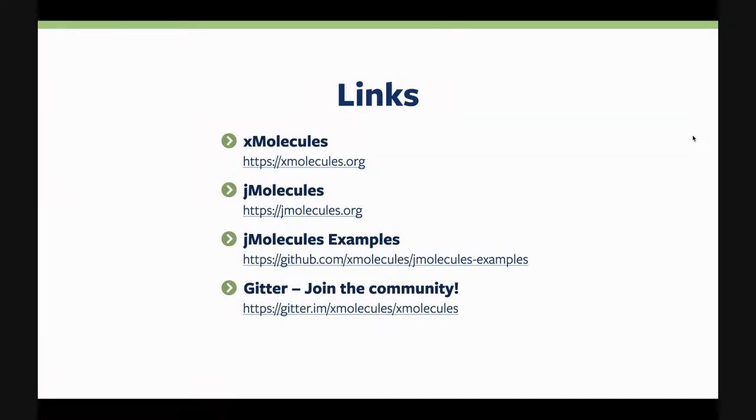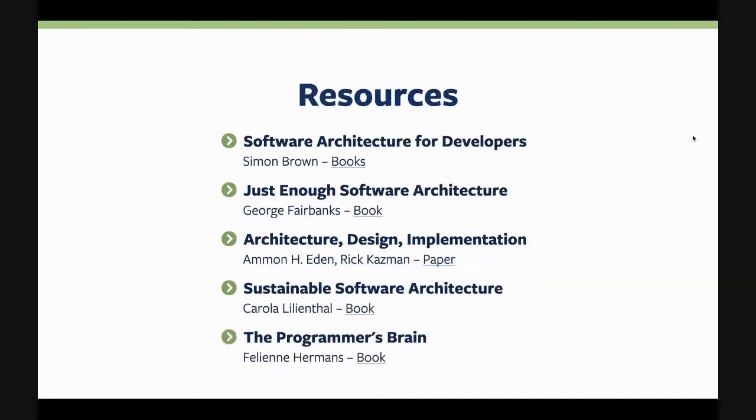There's a GitHub chat, and there's also a couple of books that I can recommend: Simon Brown, George Fairbanks, the Eden and Kazman paper that I mentioned before, and, to my embarrassment, I forgot the names, but Carola Lilienthal.